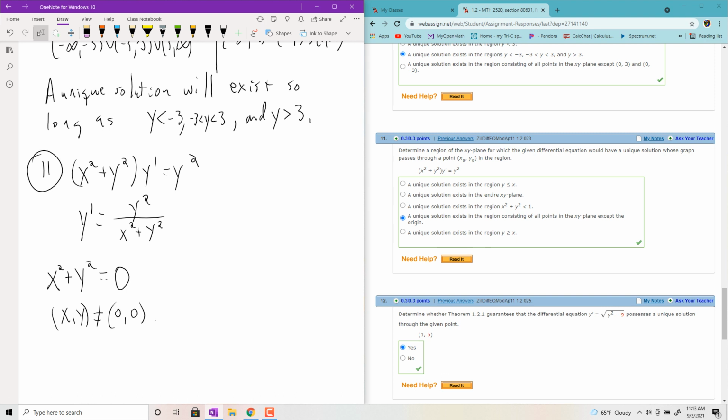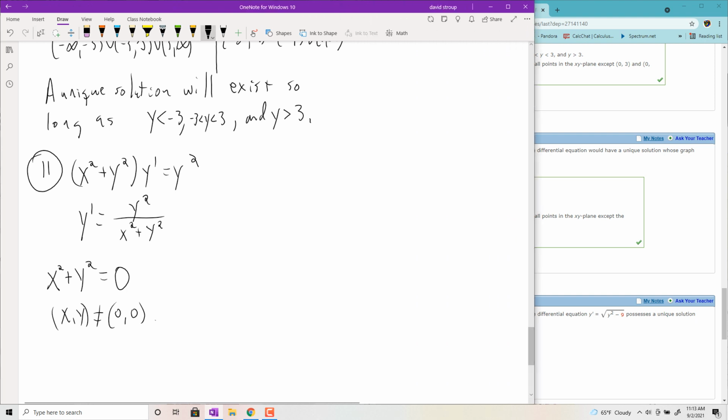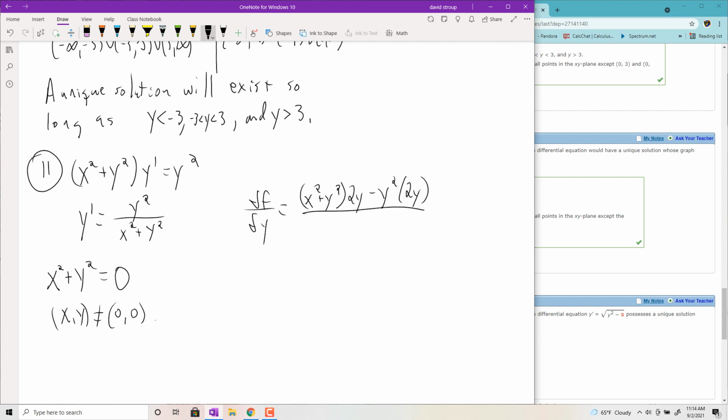Okay, let's get the partial. Maybe I need a little more room for that. Let me rewrite this first. So this is y. Well, I guess maybe we should do low d high minus high d low, right? So let's get the partial of f with respect to y. Low, x squared plus y squared, d high, 2y, minus high, d low, all over the low squared.